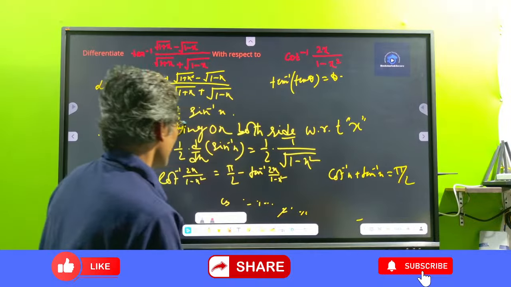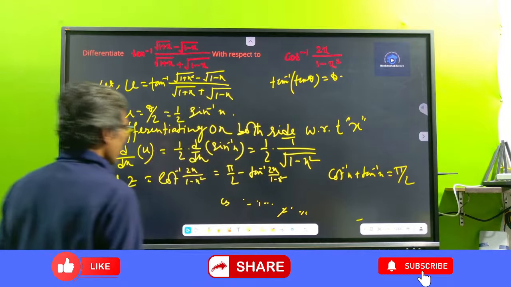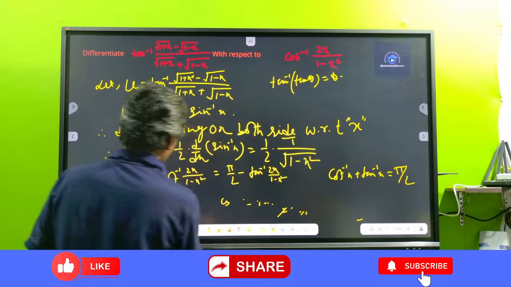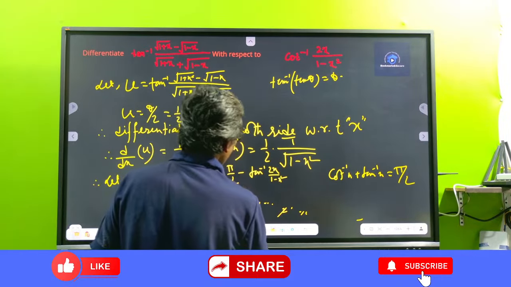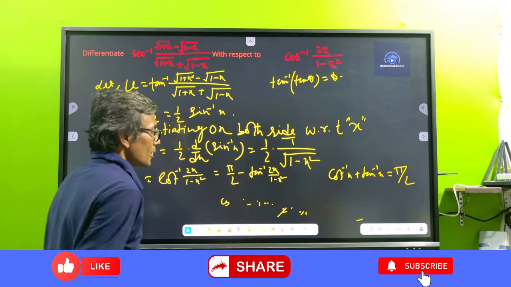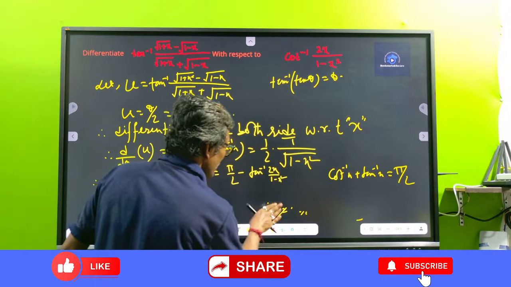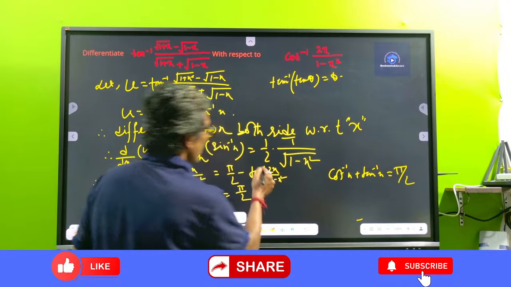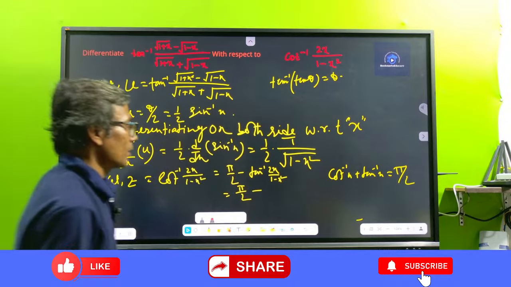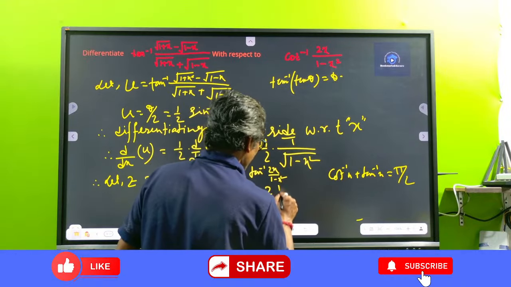Using this formula we can write cot inverse of 2x by 1 minus x square is equal to pi by 2 minus tan inverse of 2x by 1 minus x square, which means pi by 2 minus 2 tan inverse x.